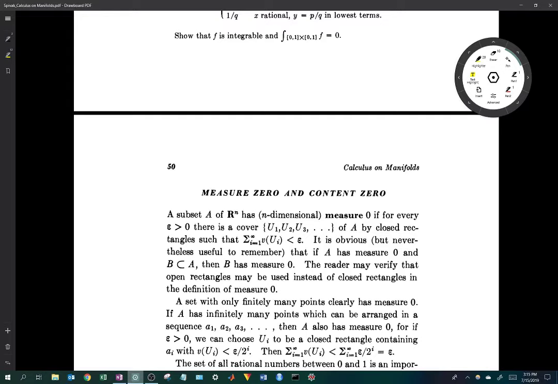So let P prime be the partition consisting of all the partitions, P1 through Pm. Then certainly P prime is a partition of A.